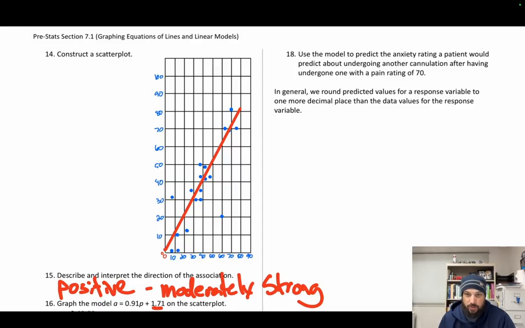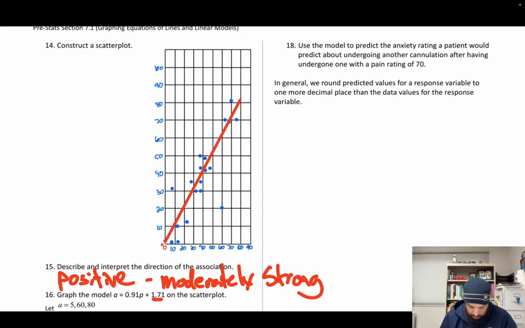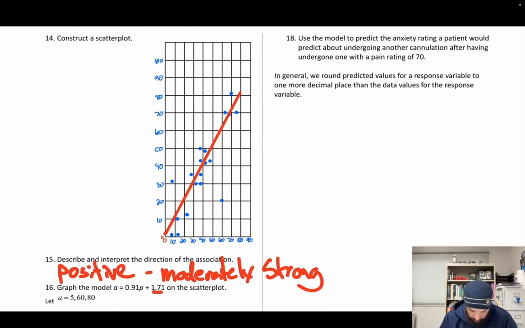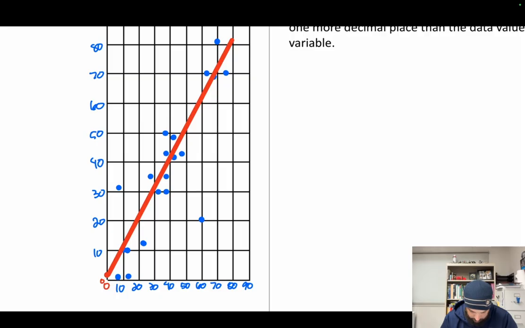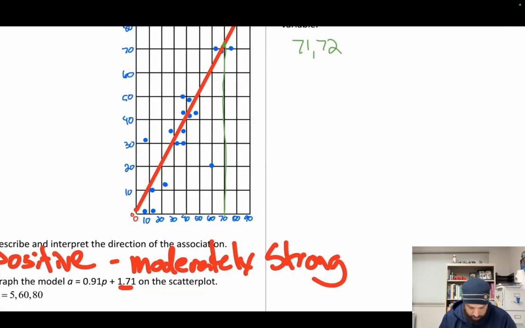So the next time, where would they be? And so we're going to substitute that in. We can also go off of, hey, what does this look like if we go up 70? Where's that at? It's maybe around 71, 72. We have our model, we can substitute that in.